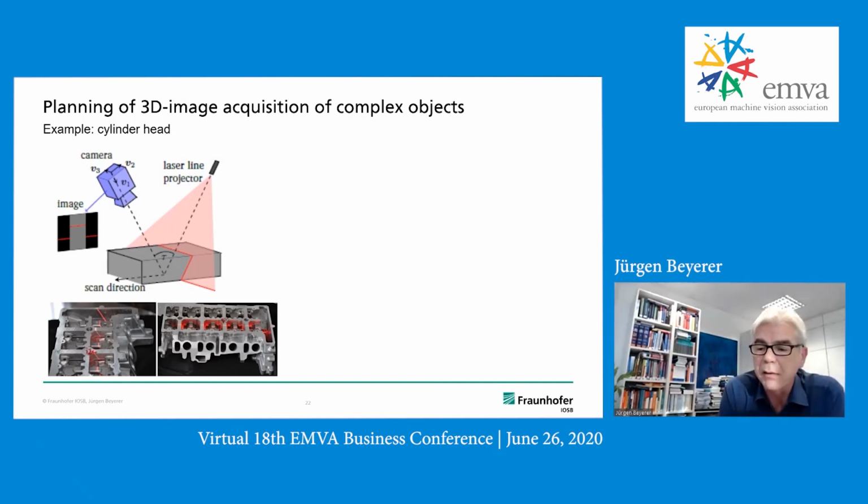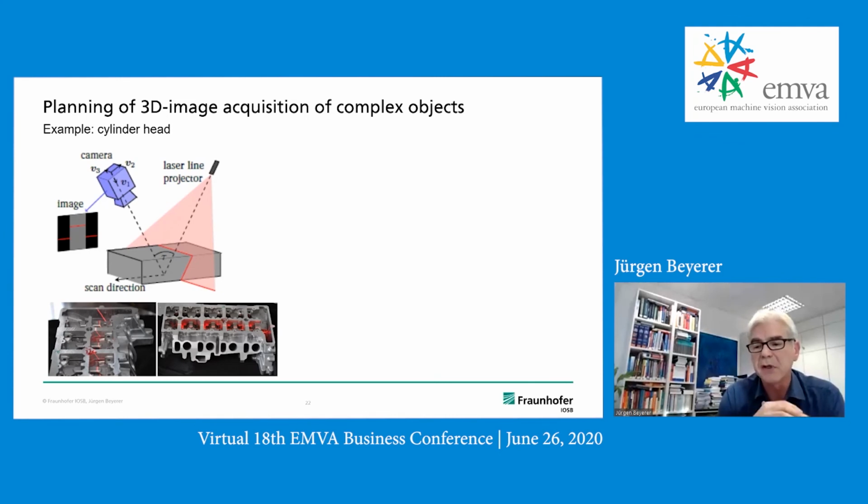Simple to apply, but if you have very complex objects, for example here a cylinder head, you have two problems. The one problem is that the surface is strongly reflecting, and the second problem is that the object has a very, very complex shape with a lot of cavities, and you want to acquire as much as possible from the surface, also from the cavities.